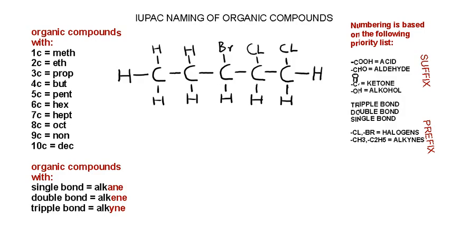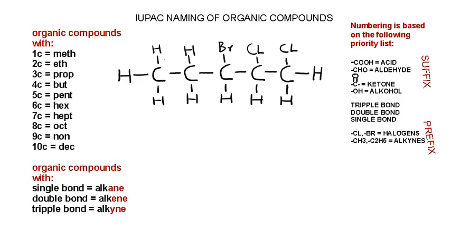Now let's number it in a forward direction. We have it as 1, 2, 3, 4, 5. Let's also number it in backward direction. We have it as 1, 2, 3, 4, 5.